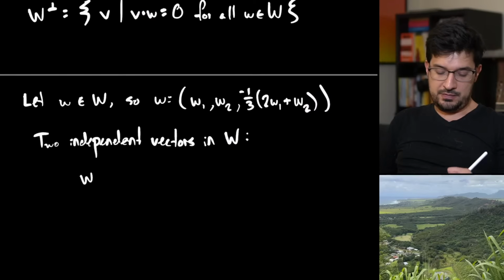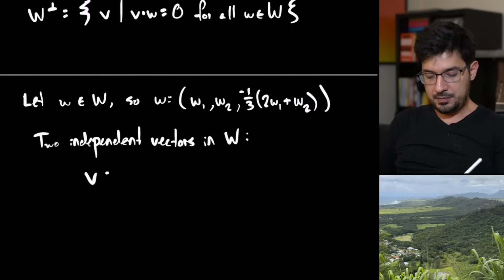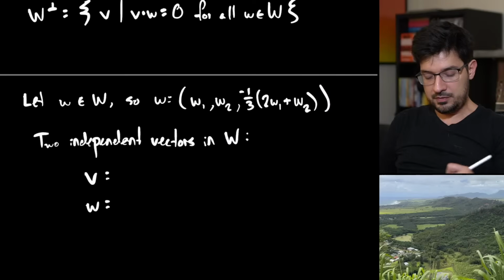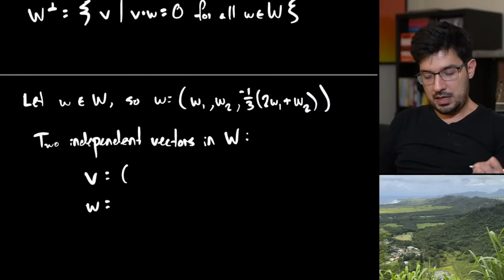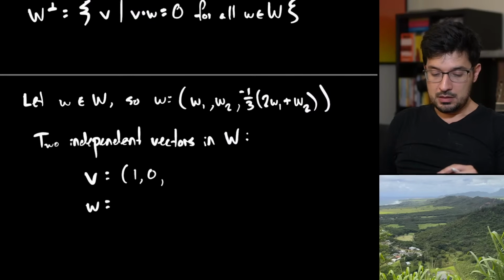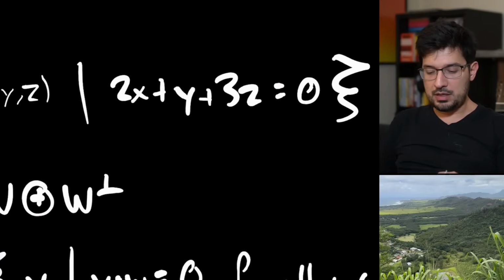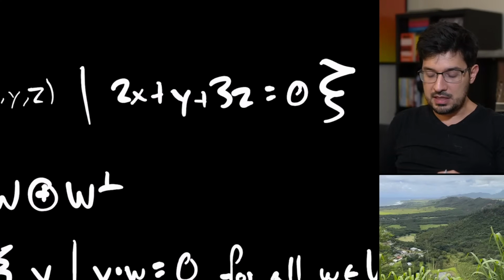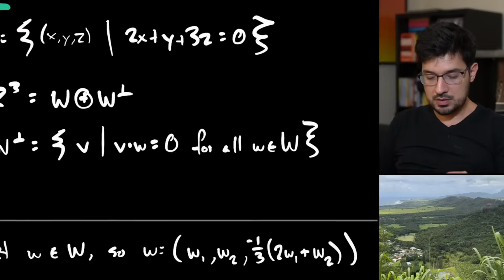W, T, U, V, maybe V and W. So if we let the first component be 1 and the second component be 0, that's saying that x is 1 and y is 0, then z is negative 2/3.